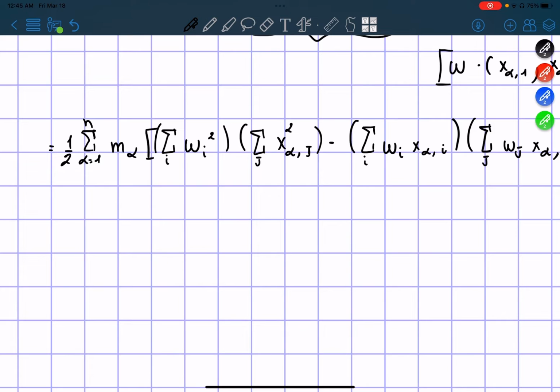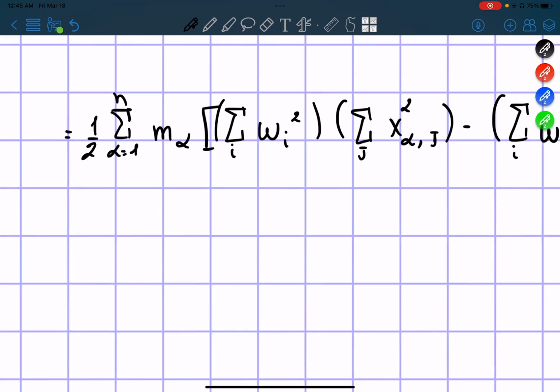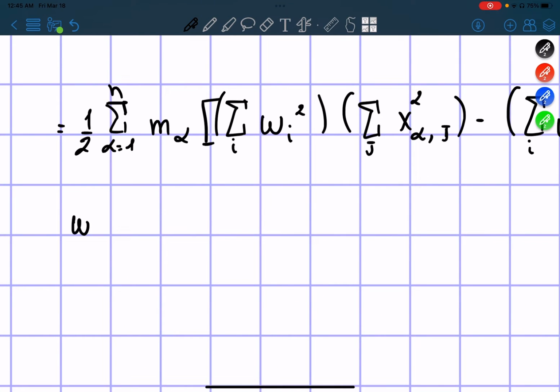However, we know that our ω_i is equal to the summation of our ω_j, which in our book is missing. For some reason they forgot to write omega, times ω_i.